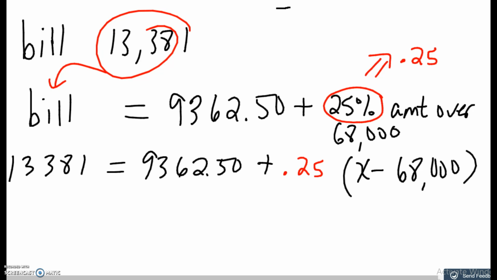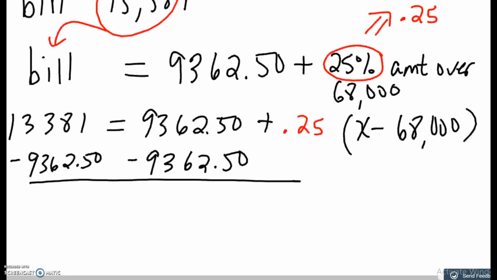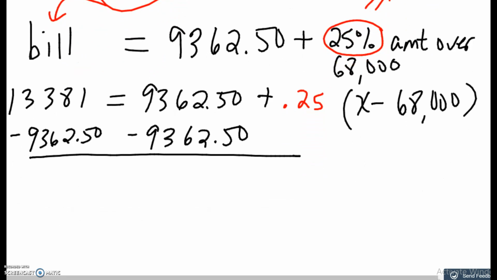And now we're going to solve this equation. To solve the equation, one approach would be to subtract $9,362.50 from both sides of the equal sign. And once we do that, we will have a difference of, oh, my time is about to run out, so I need to hurry up with this.